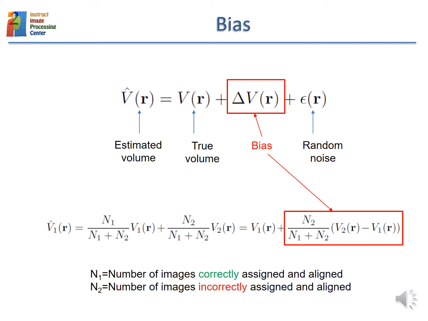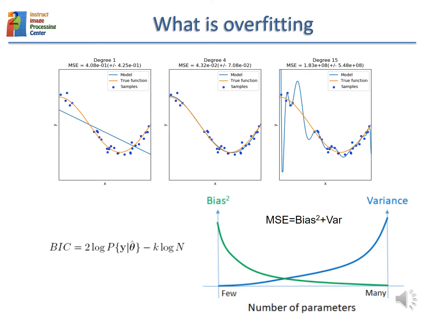This plus something depends on two things. What is the fraction of images that have been incorrectly assigned or aligned, and also what is the difference between V2 and V1, because you may make a lot of mistakes of incorrectly assigning to V2, but if V2 and V1 are so similar that you wouldn't see this difference in the reconstruction, then it matters less. In reconstruction, we have too many parameters to estimate with respect to the number of observations.